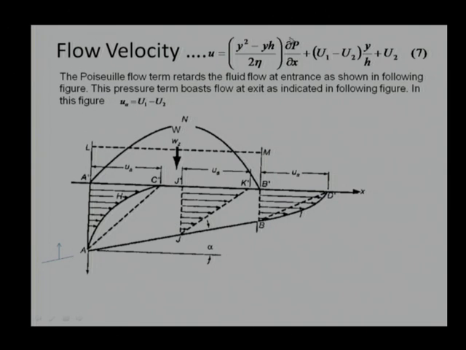While when there is a finite value of dp by dx, either negative or positive, we can get this side result, right. So, this is indicated, and in this diagram, as I mentioned earlier, there is a term ua. Here ua is equal to u1 minus u2, that is the velocity term.